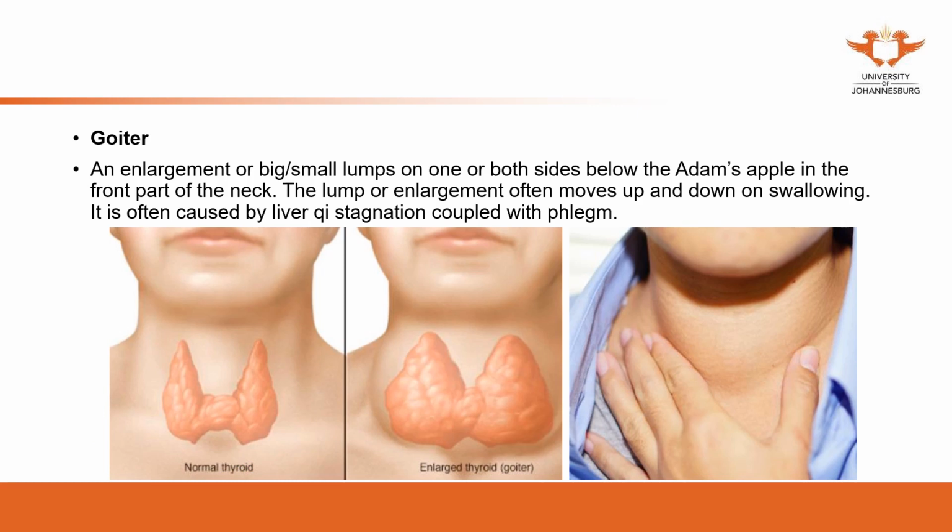How do we understand goiter in acupuncture theory? We think it is caused by qi stagnation coupled with phlegm. The reason is that qi stagnation makes it become bigger.